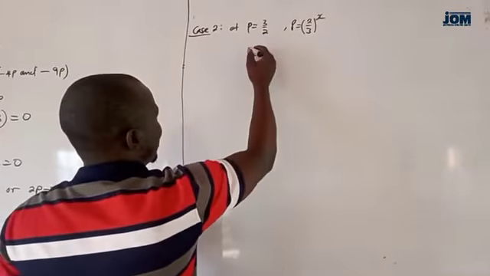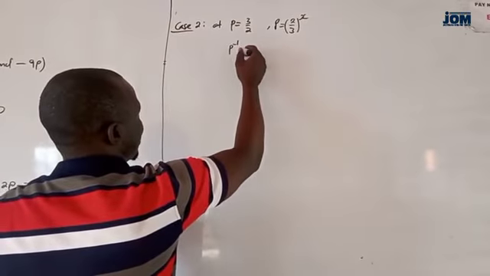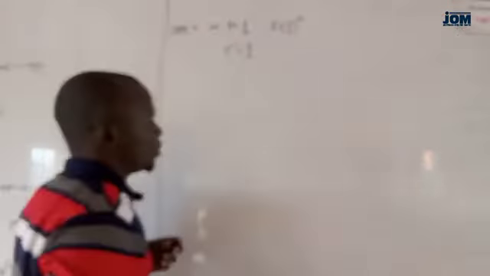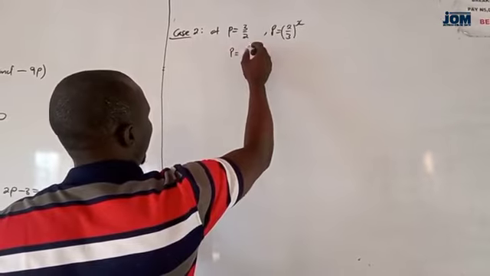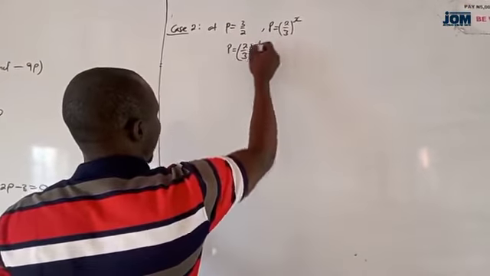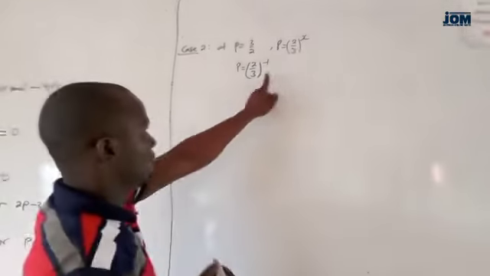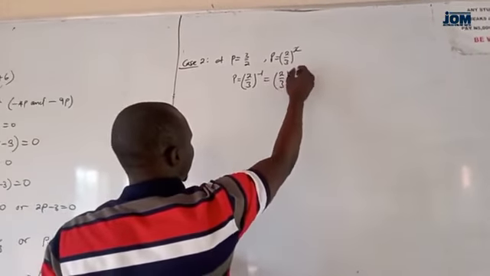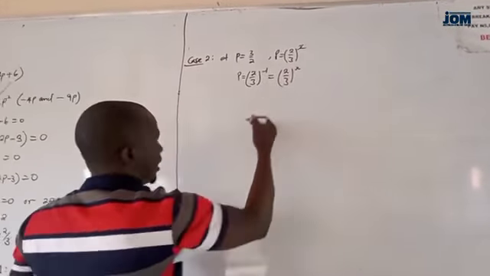So we can say p inverse is equal to 2 over 3. Or you can also write p here to be equal to 2 over 3 all raised to the power of minus 1. Now we can equate them so that this will be equal to 2 over 3 all raised to the power of x. Now the bases are the same. x is equal to minus 1. That is for the second case.